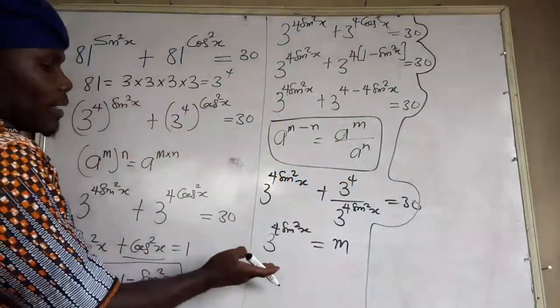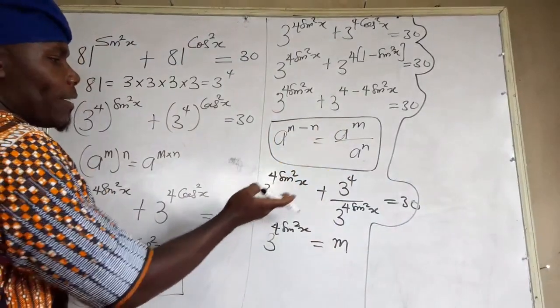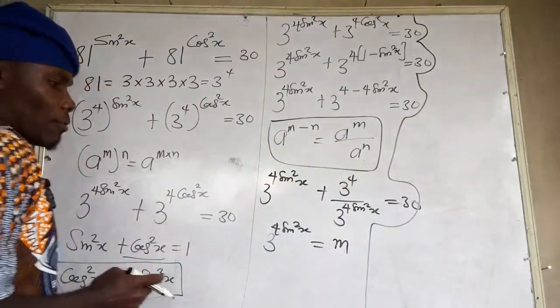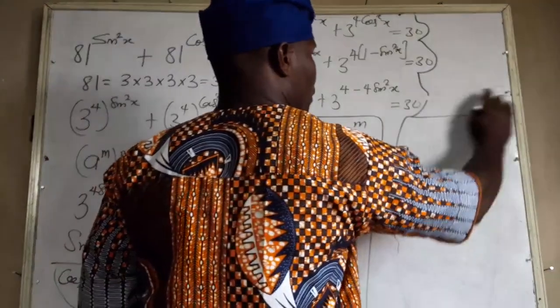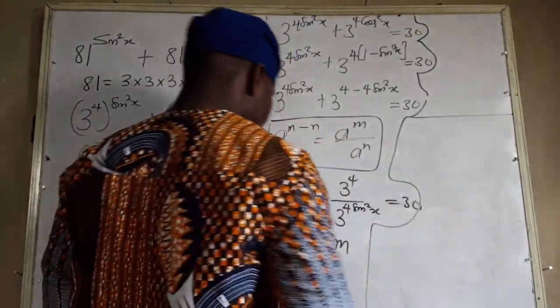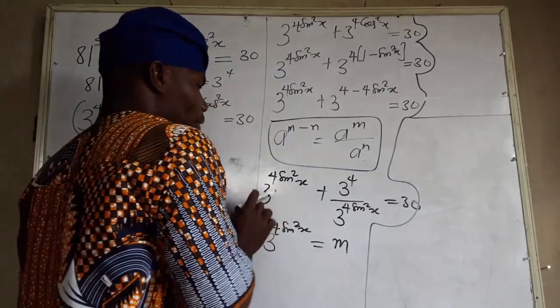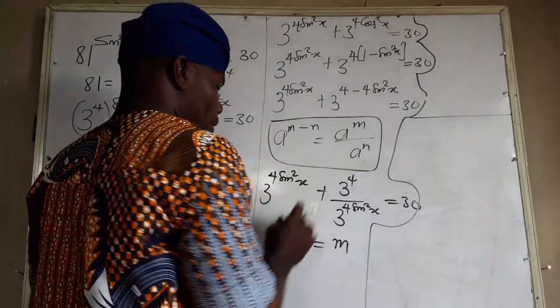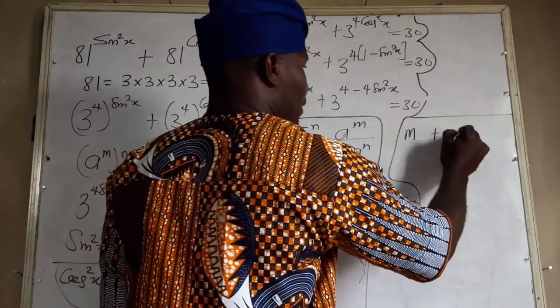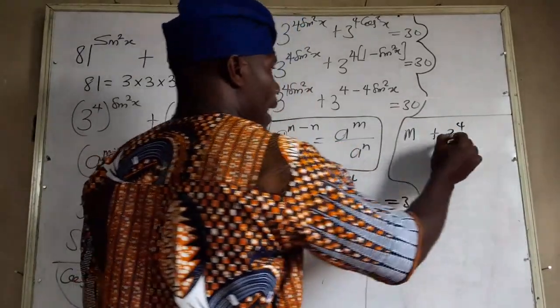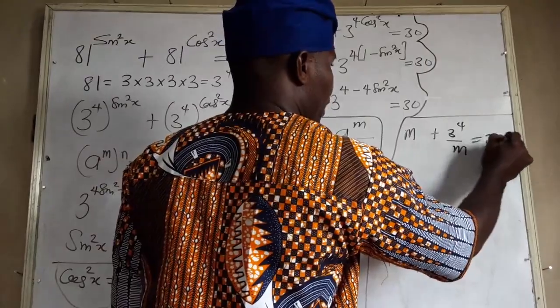By turning this to m, let's see what this will give us. Instead of writing 3 raised to power 4 sine square x, just write m, plus 3 raised to power 4 divided by m is equal to 30.